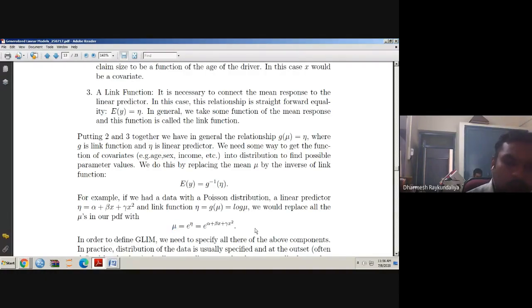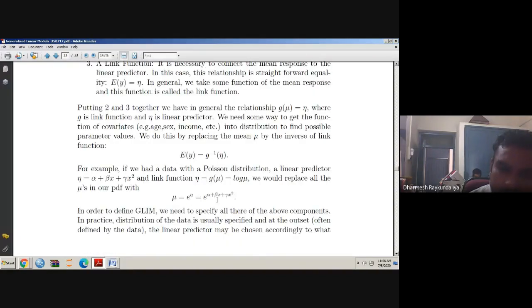Okay, so ultimately our aim is that we wish to estimate the parameters of the linear predictors. But how do we obtain the parameters of the linear predictors? In all the distribution and density functions we wrote, we allowed the mu.